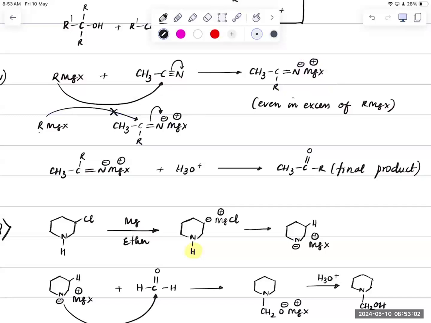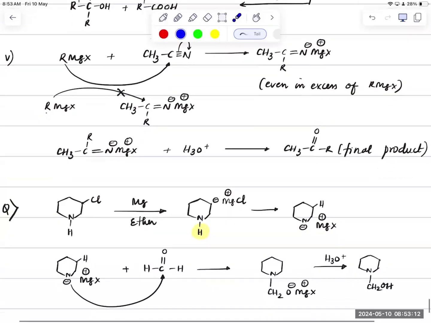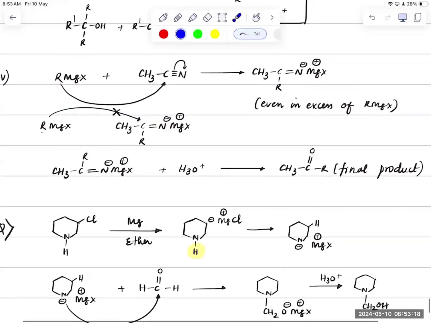Since it cannot accept, carbon is also reluctant to accept R plus. So this attack is not possible anymore. Tanuj, clear? Since the second mole is not possible to react, no matter whatever you do, you will only end up at this molecule, even if you take excess of RMgX.